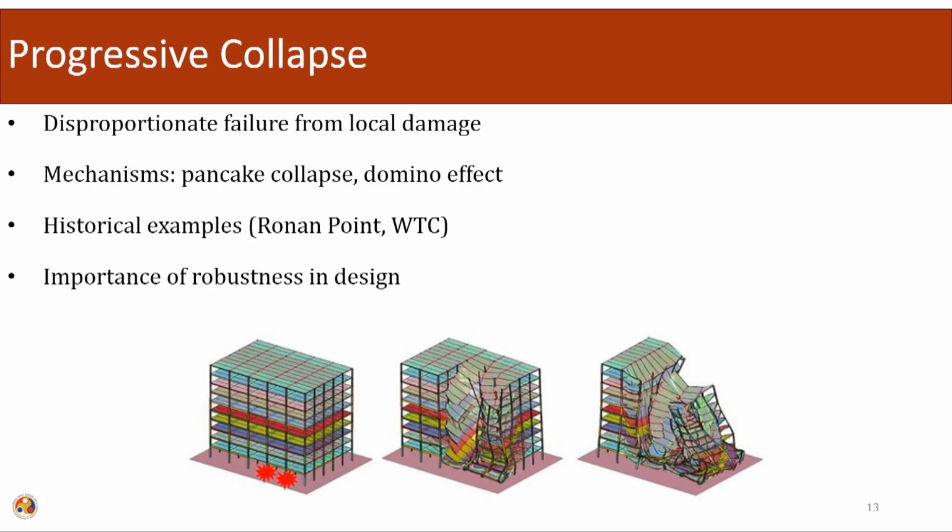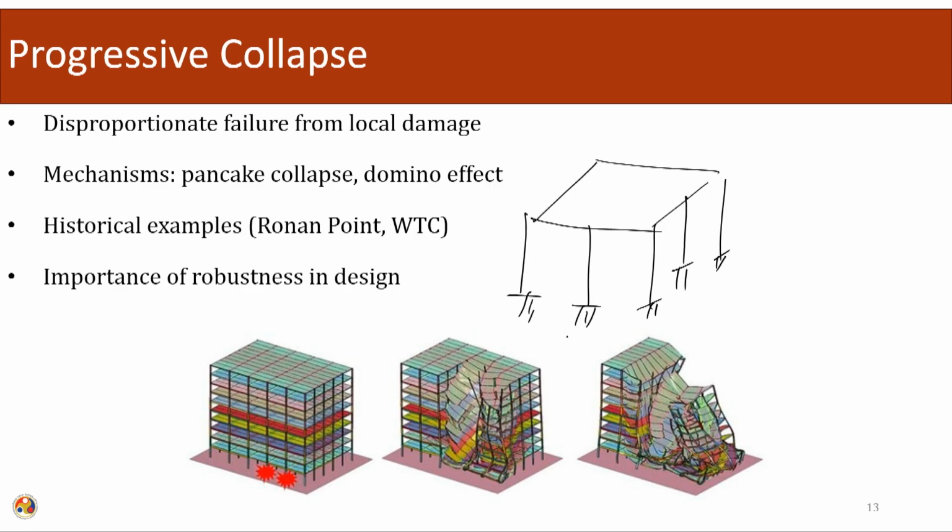Progressive collapse. This is also called a domino type of collapse. So, what happens? As we discussed earlier, if we have a framing system designed for a certain loading condition, or an envelope of different loading conditions, whatever loading condition we have, we put in all the loading combinations.